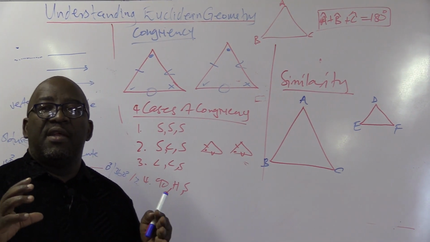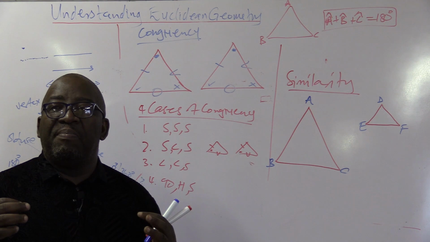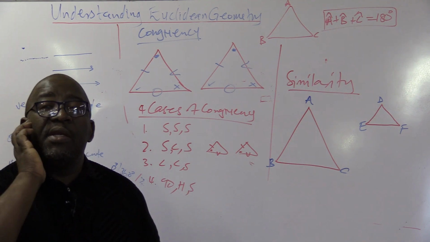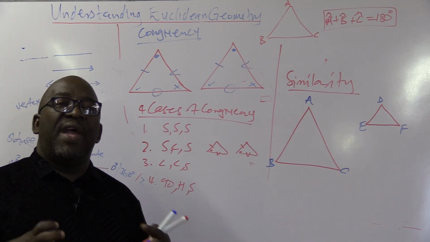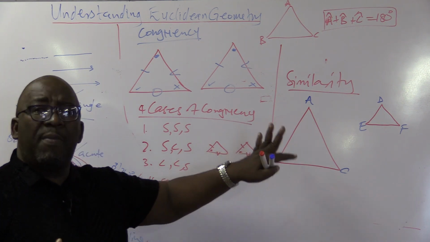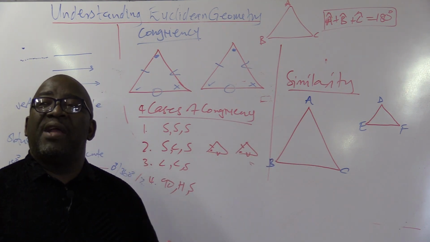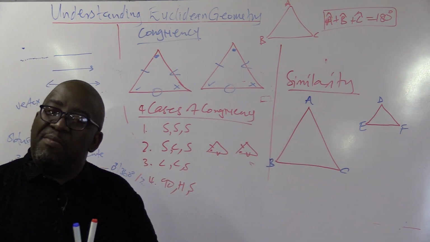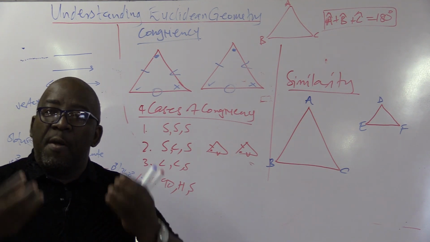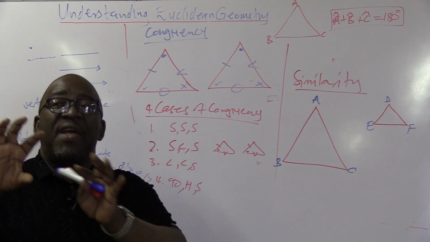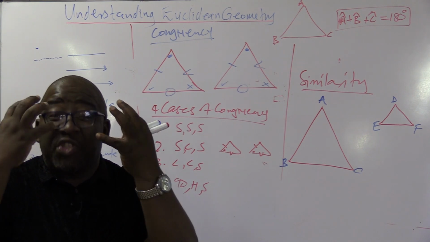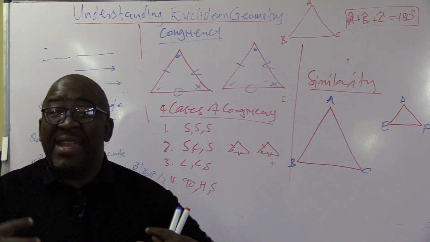Similar simply means there are features that are the same between you and your parent. In this particular case, the angles, because we're talking about triangles here, those features will be angles. Those angles must be the same, the corresponding angles. The eyes, your eyes and the eyes of your parents, they are in the same position. You can't have eyes here and eyes here.